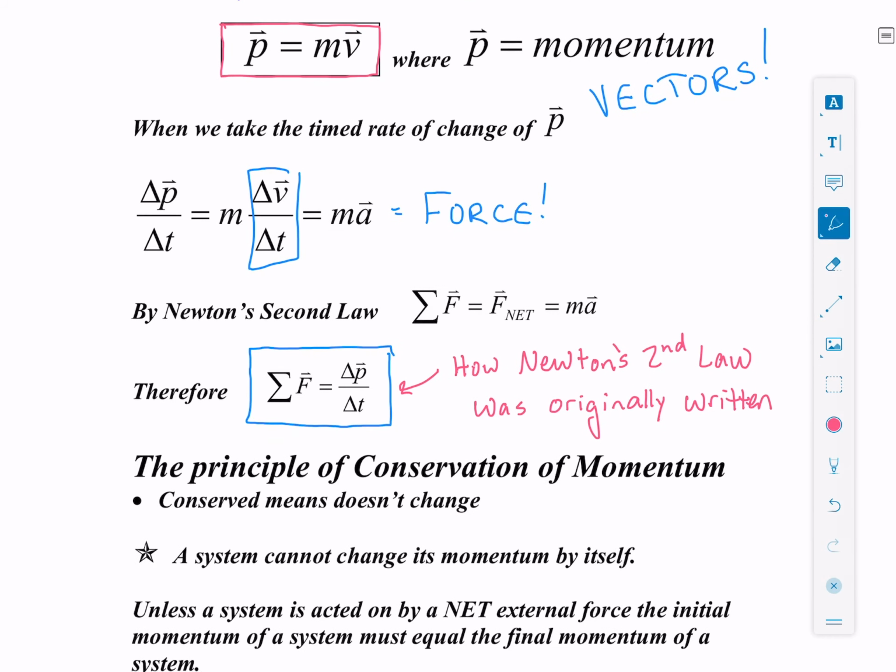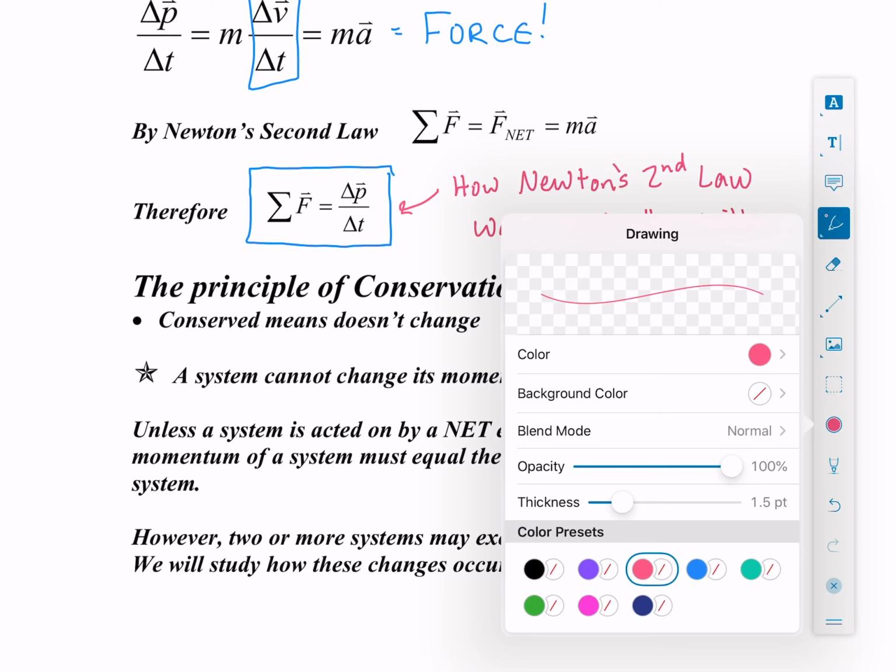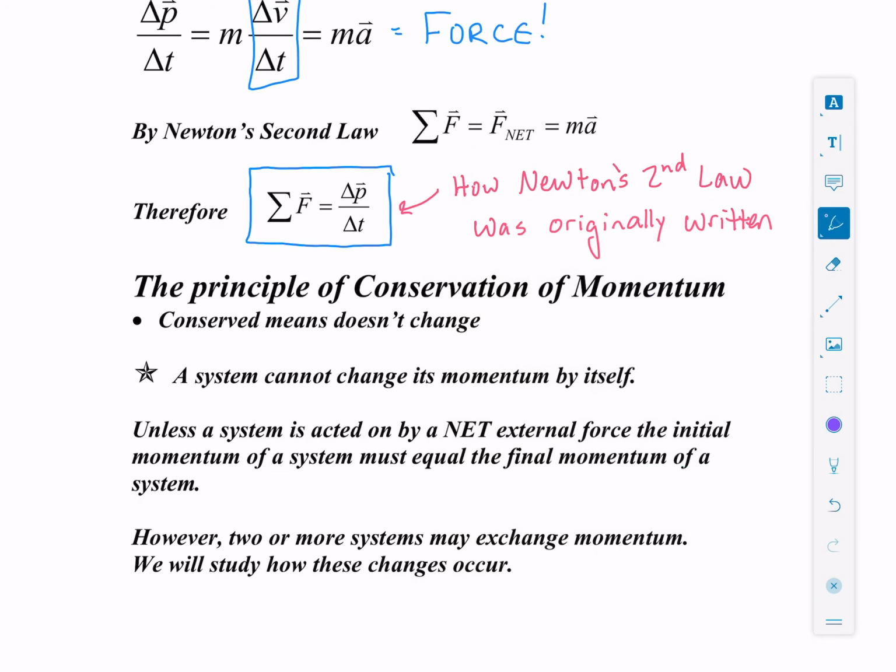This brings us to conservation of momentum. Just like how energy was conserved, we can also say that momentum is conserved. Conservation of momentum states that a system cannot change momentum by itself.